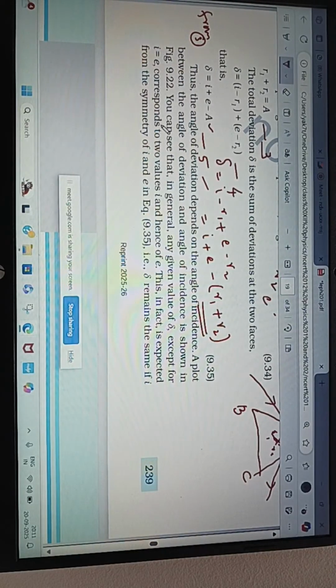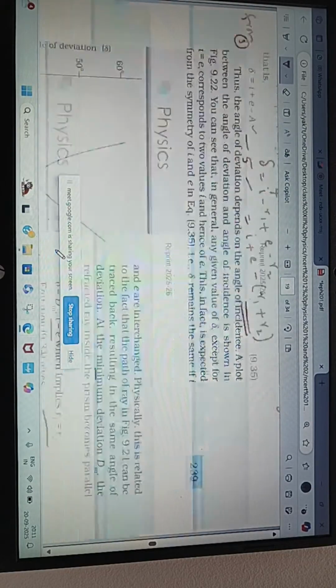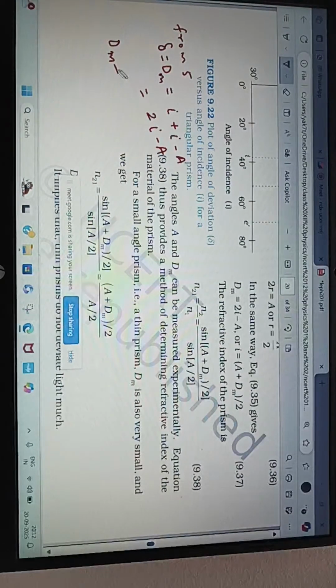What will happen to the fifth equation? From the fifth equation, we get delta is equal to i plus e minus A. Delta can be written as dm, so dm is equal to i plus i minus A, which is 2i minus A. So dm plus A is equal to 2i.